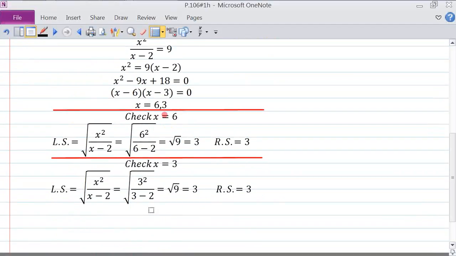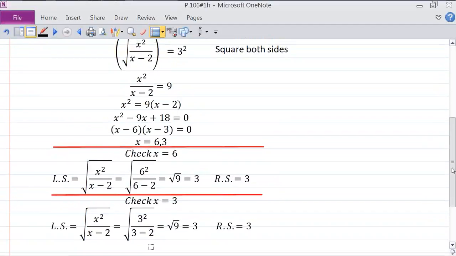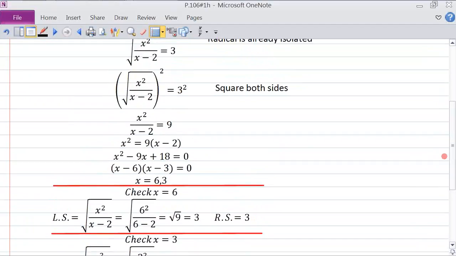If x equals 6, I put 6 into the left side of the equation. I get 6 squared over 6 minus 2. 6 squared is 36, 6 minus 2 is 4, and 36 divided by 4 gives me 9 under the square root sign. The square root of 9 is 3, and the right side of the equation is 3.